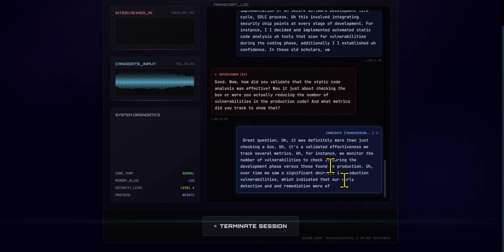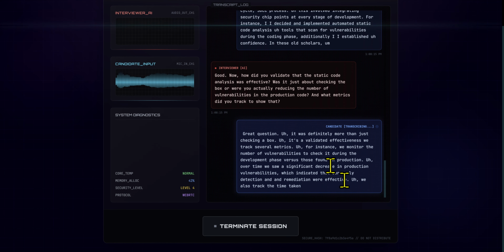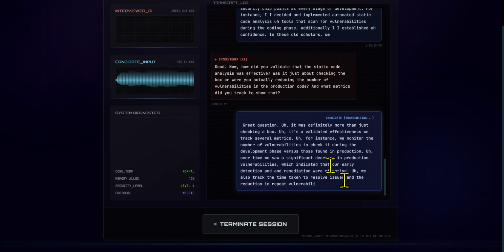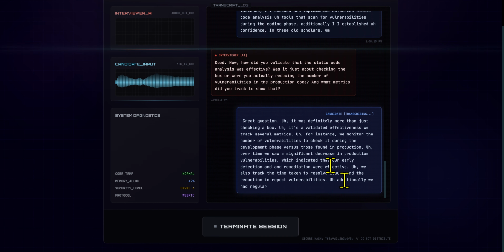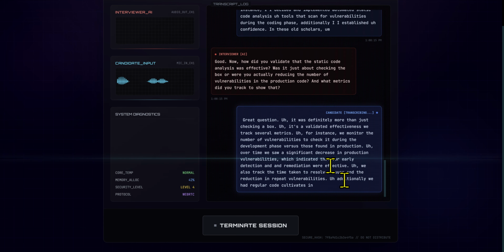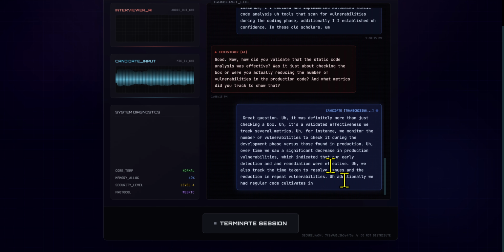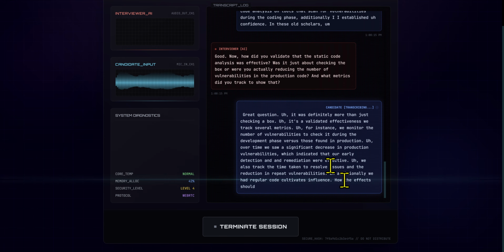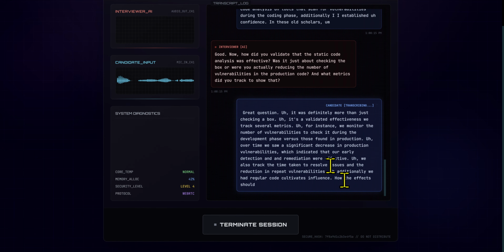We also tracked the time taken to resolve issues and the reduction in repeat vulnerabilities. Additionally, we had regular code quality reviews and feedback loops with developers to ensure continuous improvement. All these metrics together demonstrated that we were genuinely reducing risk and not just going through the motions.